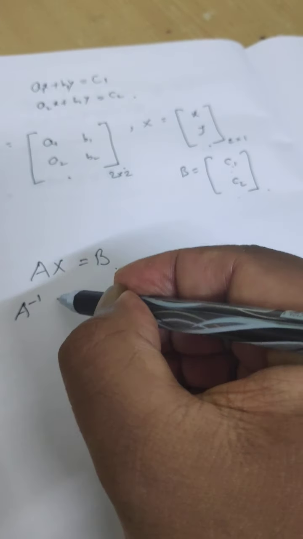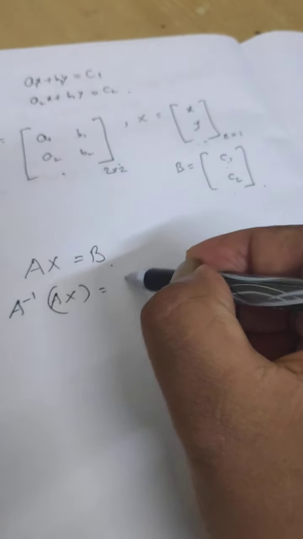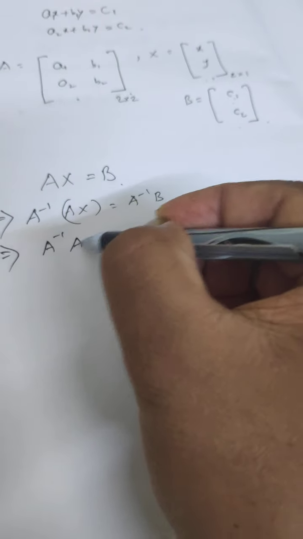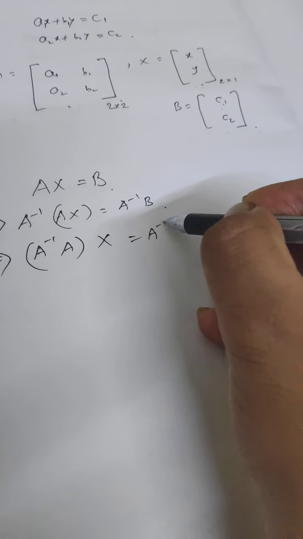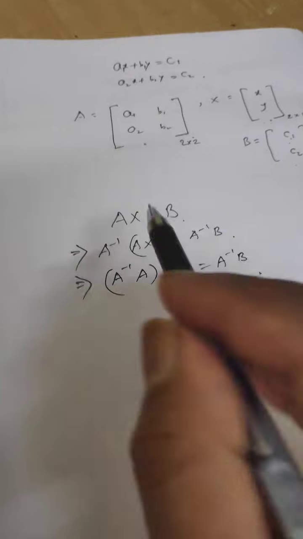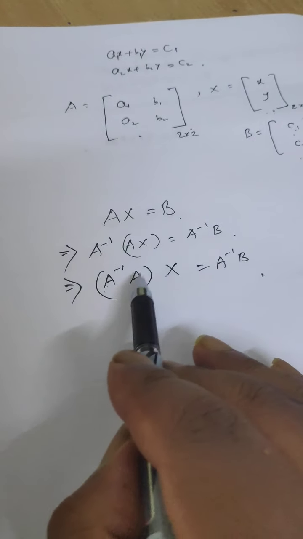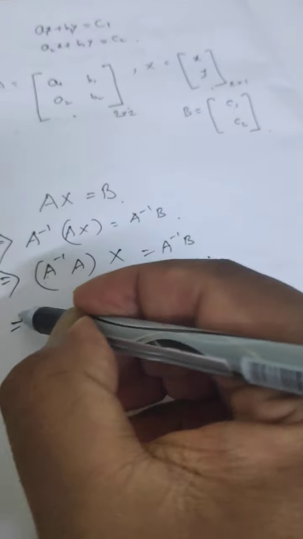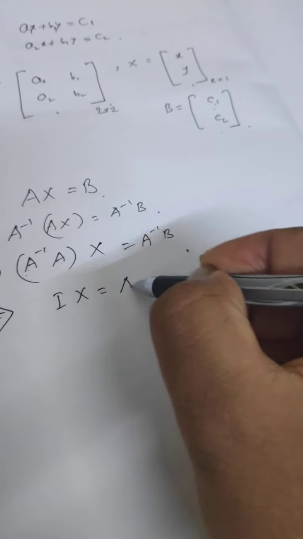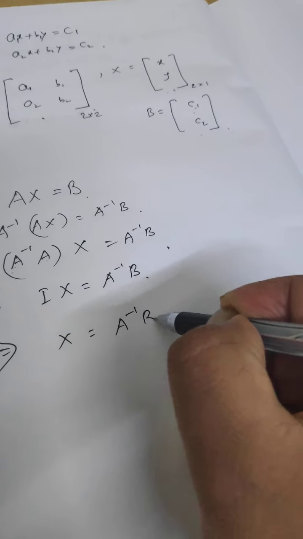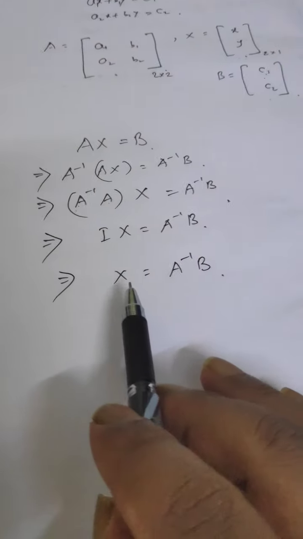Multiply both sides by A inverse, if A inverse exists, or say the determinant of A is not equal to 0, so A must be a non-singular matrix, otherwise we have to use another method. Now using the associative law, A inverse A X equal to A inverse B. What is A inverse A? It is I. So IX equal to A inverse B implies X equal to A inverse B. So this is the formula.